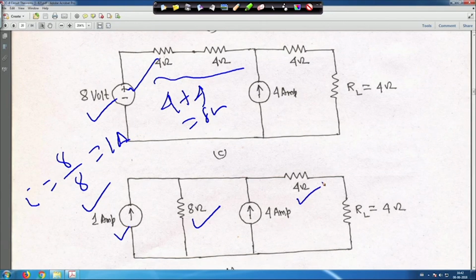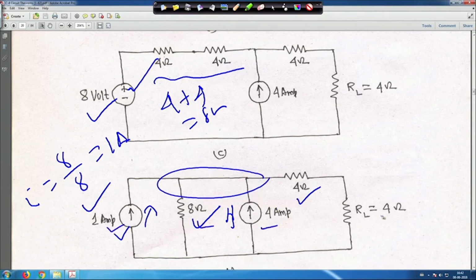That means this 4 ampere is upward and this 1 ampere is also upward, and this 4 plus 4 is basically 8 ohm, but all of these are in parallel: 1 ampere, 8 ohm, 4 ampere, and this 4 plus 4, 8 ohm.